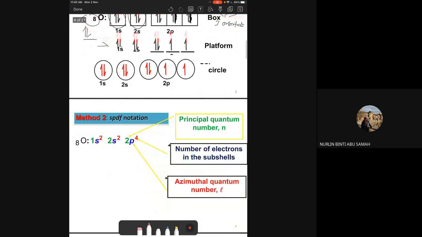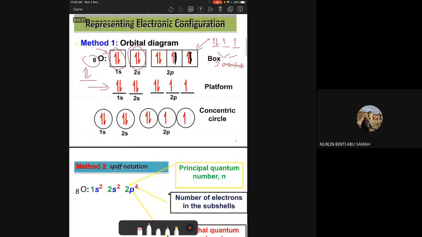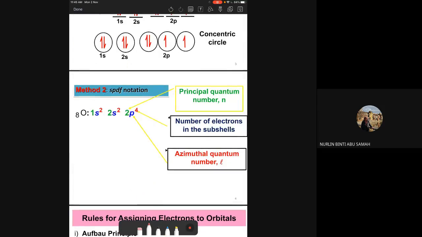Okay, so this is the orbital diagram. Okay, the way you can simply write the configuration. So basically, kalau soalan tanya what is the electronic configuration, student akan bagi jawapan yang ni. So the way you write is 1s2 sebab ada 2 elektron dalam s orbital pada n sama dengan 1, and then 2s2 sebab ada 2 elektron juga, and then 2p4.